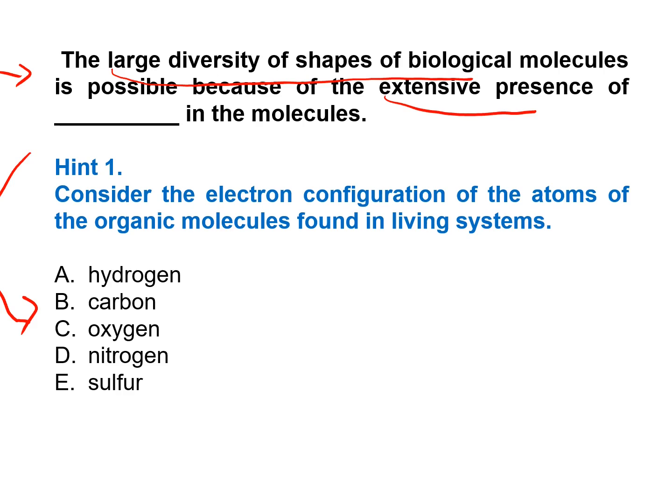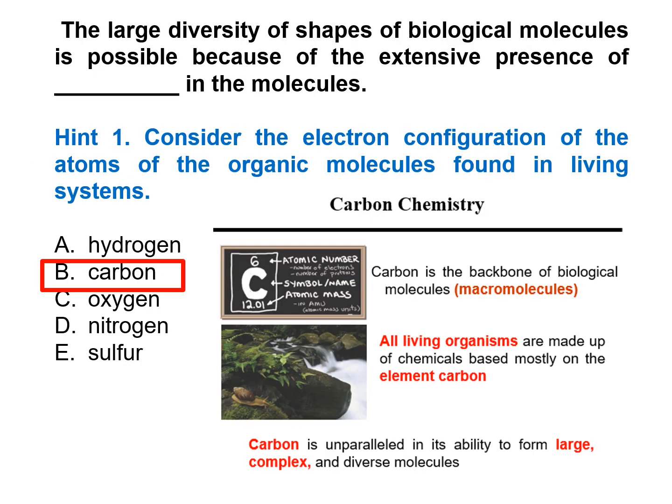Remember, consider the electron configuration of the atoms of the organic compounds found in living organisms, and you have to remember this tetrahedron that they show, and the tetrahedron is because of the carbon. Very good. So I don't have to talk a lot about that. If you don't remember that, just go to the video lecture. Here they talk about the carbon being the backbone of biological molecules, all these macromolecules.